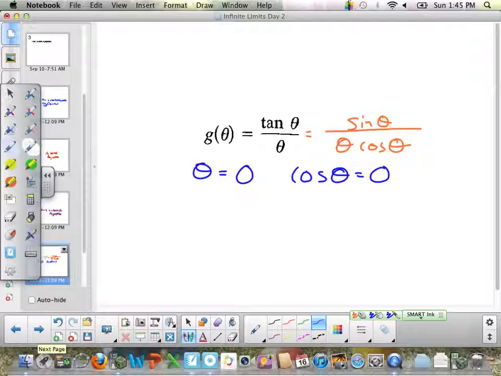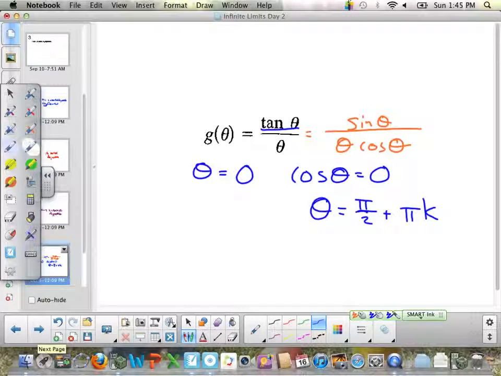Well, where is cosine equal to 0? If you remember from a couple of days ago, the discontinuities of cosine are none, but the zeros of cosine are the same as the discontinuities of tangent. So that's at pi over 2 plus every half circle, pi k.